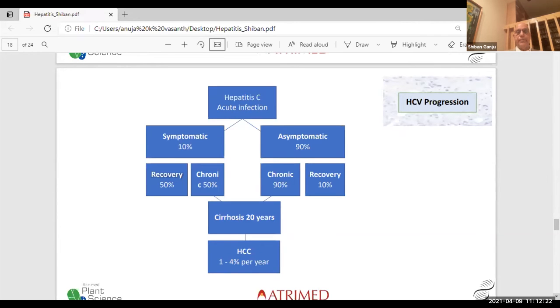And 30 to 50% of people develop cirrhosis in 20 years. Then it progresses to hepatocellular carcinoma at the rate of 1 to 4% per year.